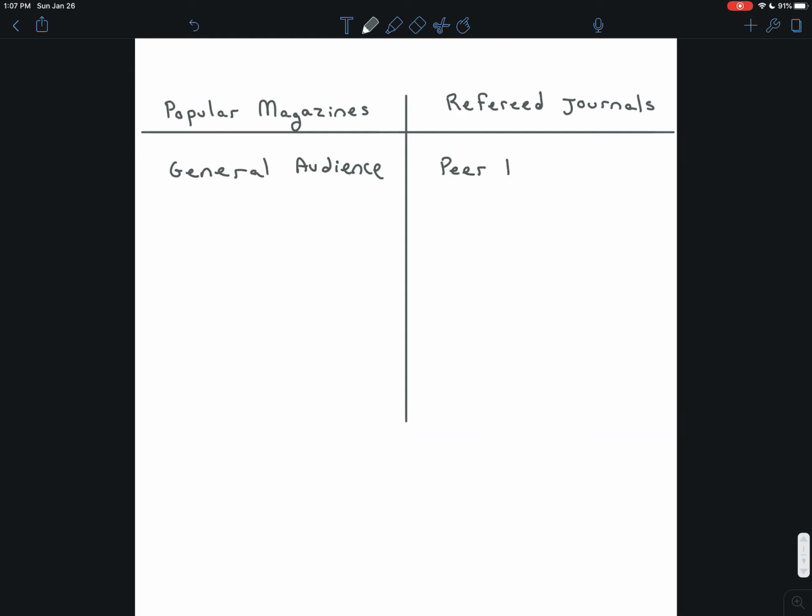Before anything is published in a refereed journal, the article will be reviewed by at least 2 reviewers, professionals in their field, and it'll be judged based on its scientific merit and on its writing quality. Only if it's approved by those experts in their field will it be published in the journal as something that's worth consideration by other scientists in the scientific community.